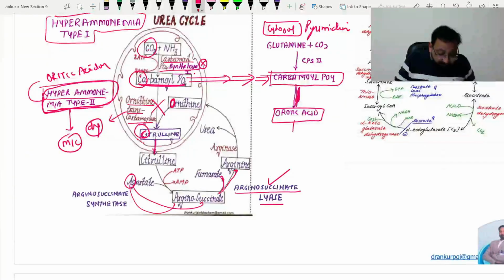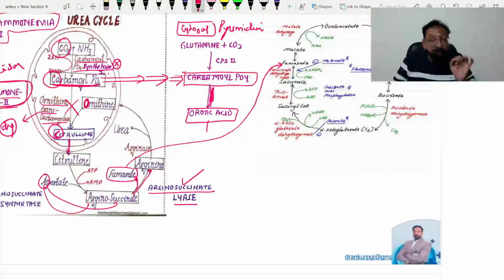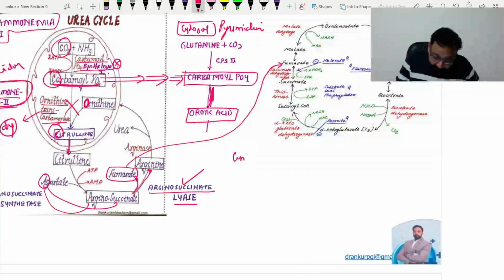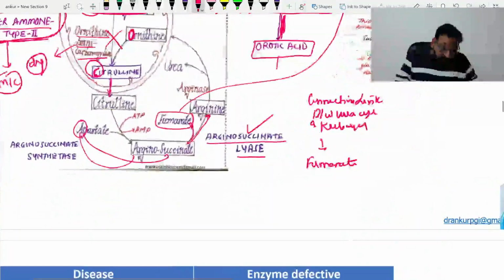Now, before moving further, this fumarate: fumarate is produced in the urea cycle, and fumarate is an intermediate of the Krebs cycle. So a question was asked, the connecting link between the urea cycle and Krebs cycle. The answer was fumarate. But remember this is aspartate.